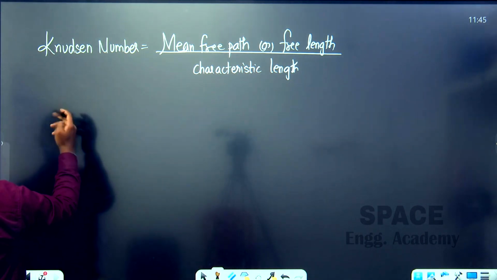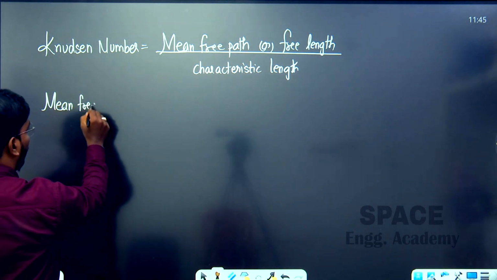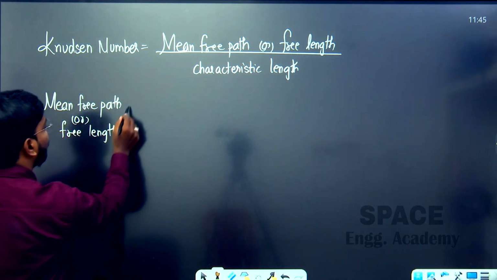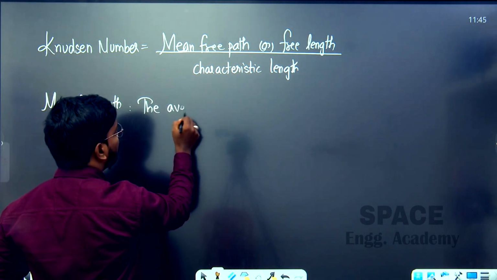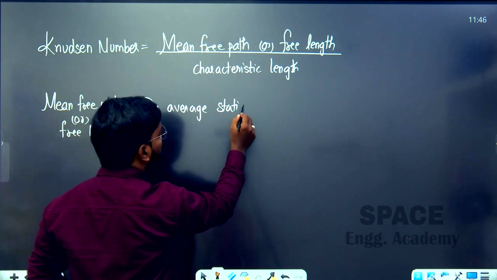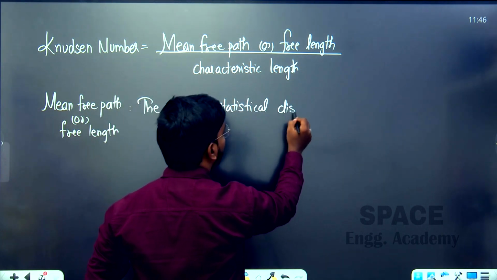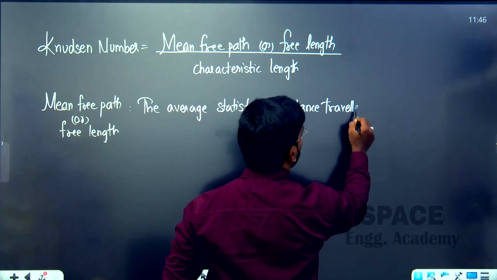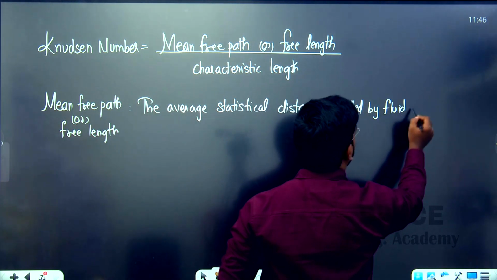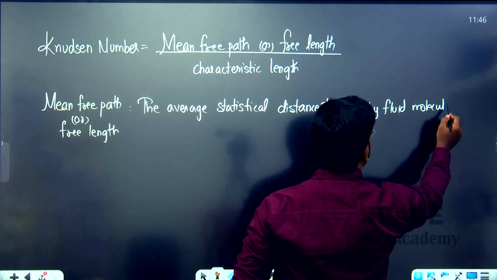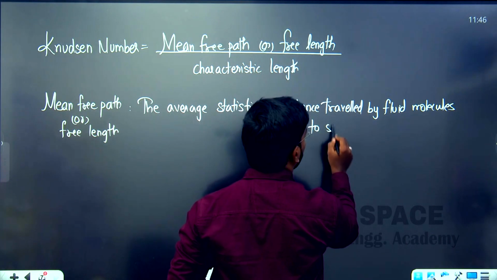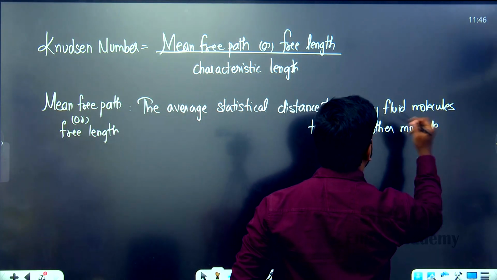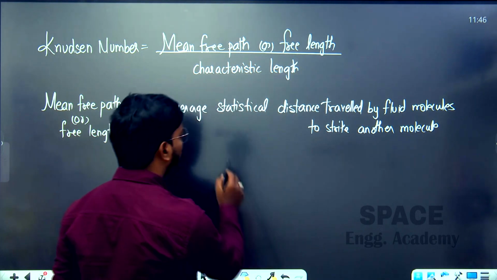Sir, what is this mean free path? This mean free path or free length is regarded as the average statistical distance traveled by a fluid particle or fluid molecule to strike another molecule, or the distance between two consecutive collisions.